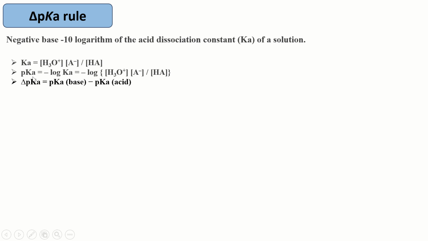Delta pK is the pK of the base minus the pK of the acid, as you see in the equation here.